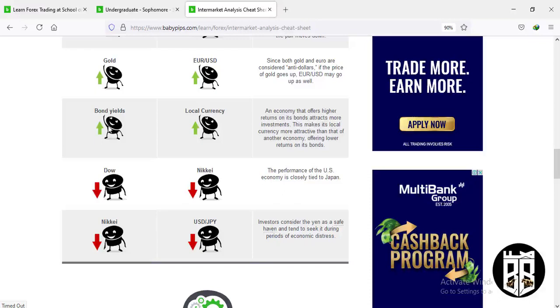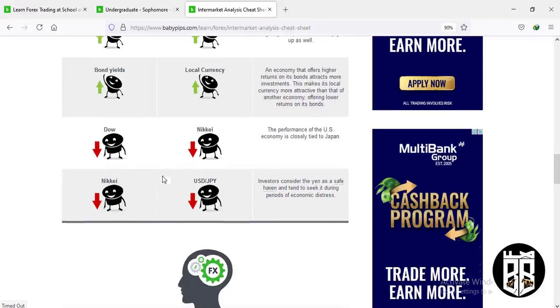Now, bond yields. In bond yields, your local currency also yields. So an economy that offers high returns on its bonds attracts more investors. This makes its local currency more attractive than that of another economy offering low returns on its bonds. Now, if the Dow Jones is down, the Nikkei is down. So if the US dollar is going down, the JPY also is down.